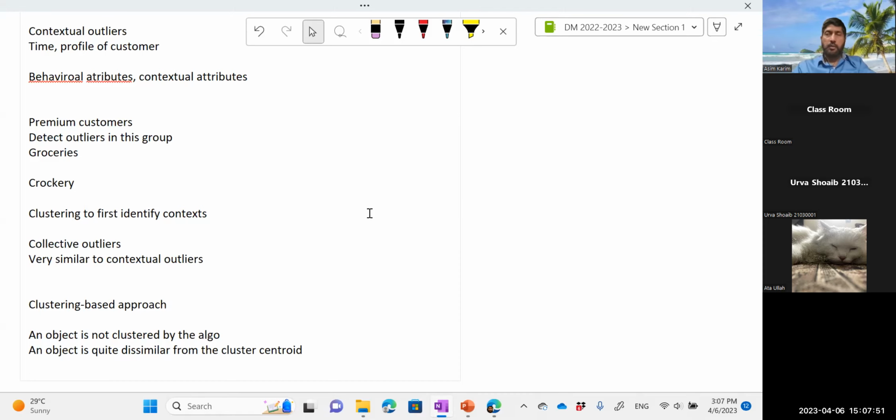And the third case may be कि your algorithm may find a cluster that is small and quite dissimilar from other clusters. Okay? So now this is a group, usually a very small group of objects that have been found by your algorithm, but it's also quite far away from other clusters.